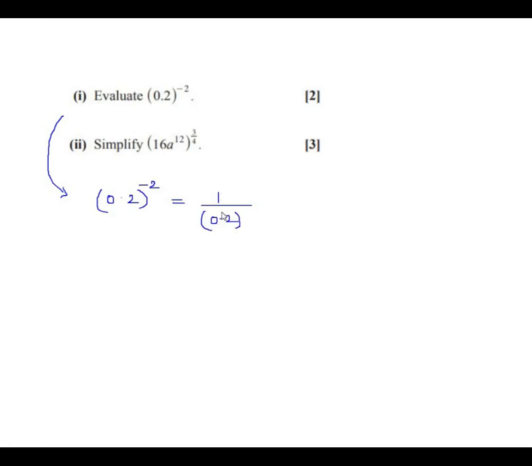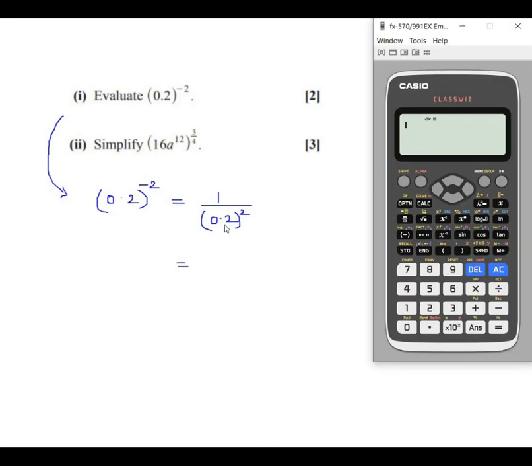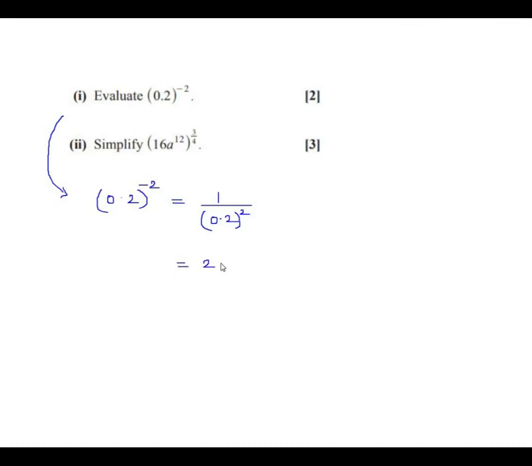When I invert it or reciprocate it, the negative power becomes a positive power. Now we are going to use a calculator to check how much is 1 divided by 0.2 squared. So let's check. It is 25. So the answer for this first one is 25.